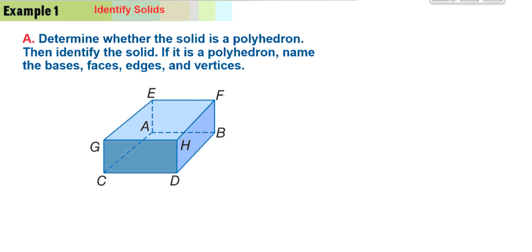Now, first hour people told me on this handout I did not give enough room. So I'm going to tell you on this handout I did not give enough room for this problem, so just be ready for that.